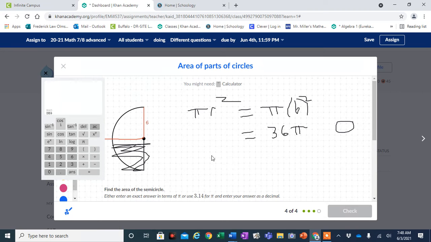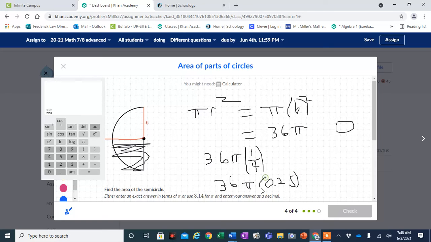A quarter of a circle means you would do 36 pi and multiply that by 1/4, or you could do 36 pi times 0.25 for 25%.